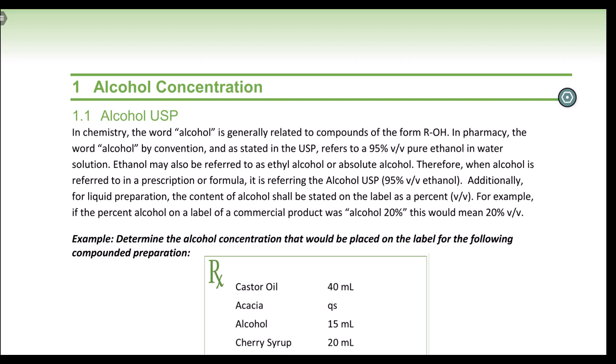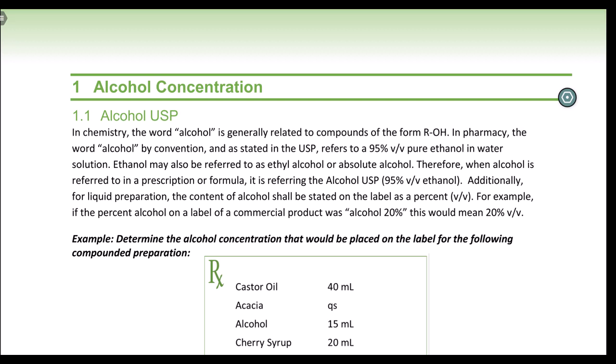It doesn't mean that it has 20% of the 95%, if that makes sense. So there's a difference between when a compounded preparation says you need to use alcohol, meaning the 95% one, and once it's listed on the label, it's the actual concentration of ethanol or ethyl alcohol that you're using.